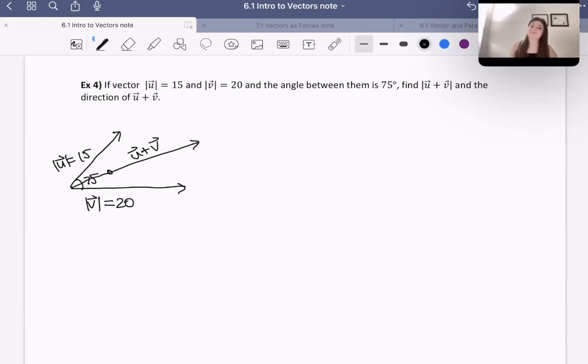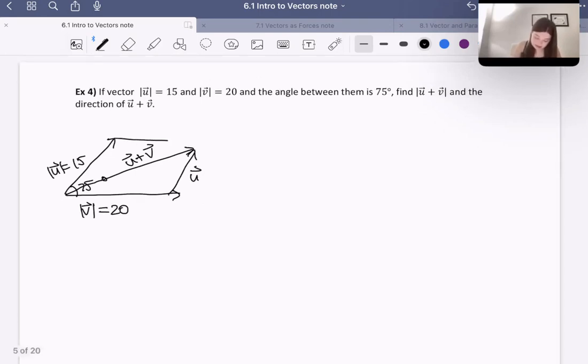Okay. Well, let's figure that out. So first things first, how can we figure out our direction? Well, what do we know? We know that this can be made into a parallelogram, right? This is our u vector again, and then this is our v vector again.